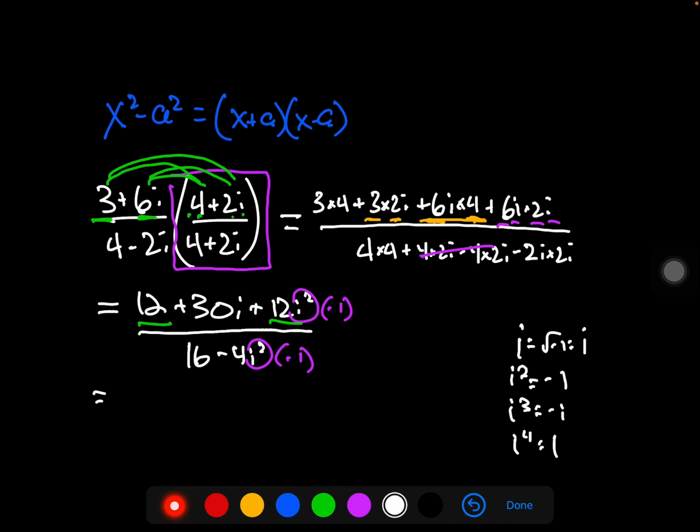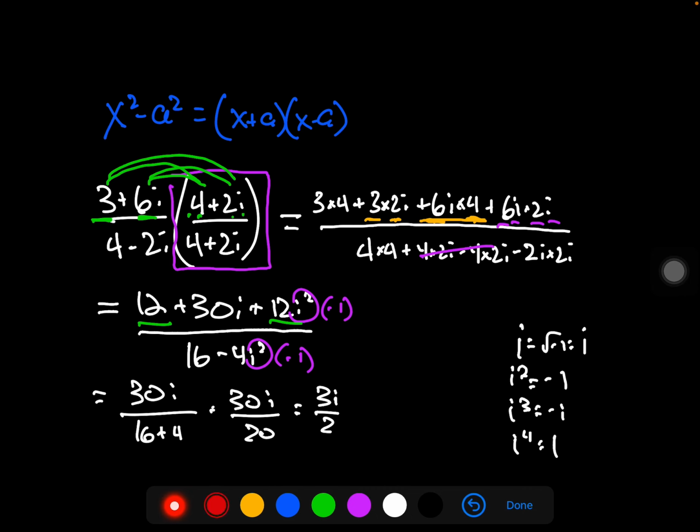So on the top, we're going to get 30i alone. And on the bottom, we've got 16 minus negative 4, so 16 plus 4, or 30i over 20. And we can still factor out a 10 there. We've got a common factor, so we're going to get 3i over 2, or 3 halves i, or 1.5i.